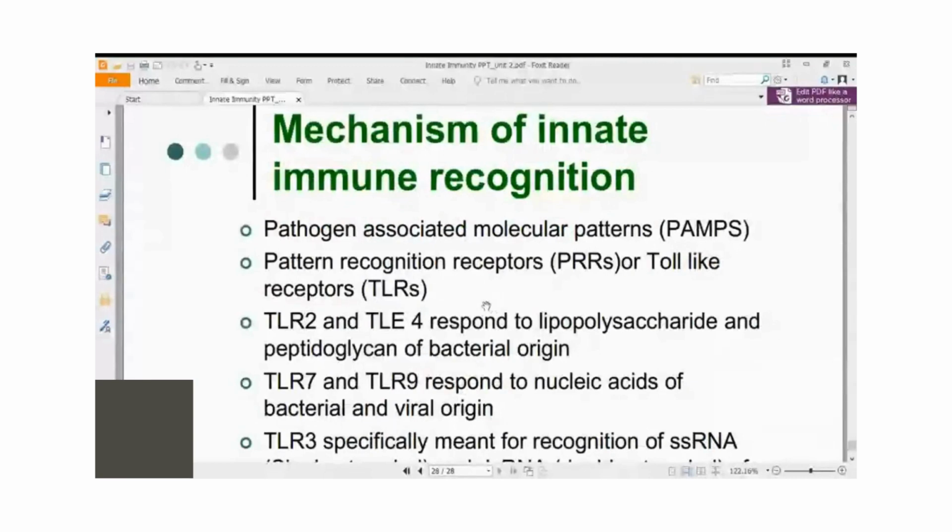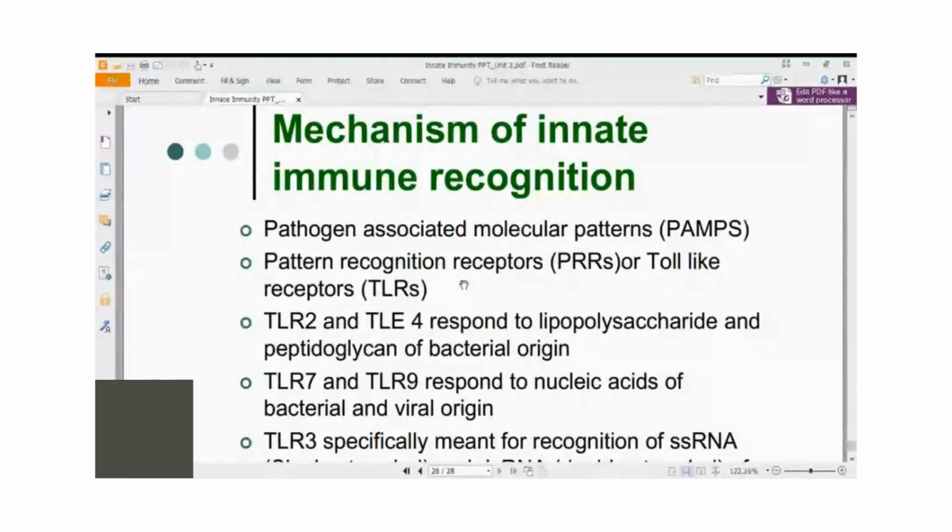They have molecules on their surface, which I told you are called toll-like receptors, or pattern recognition receptors, PRRs. Almost all immune cells in our body are provided with toll-like receptors.